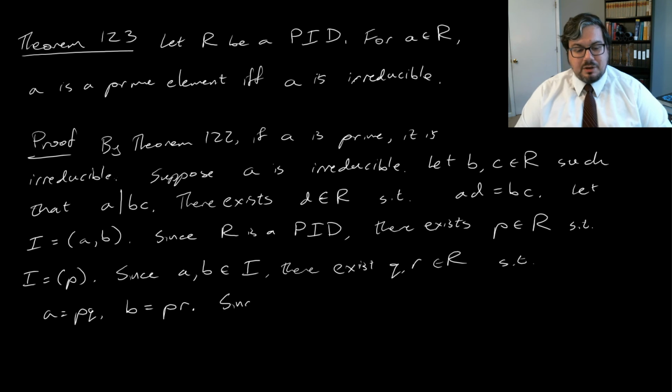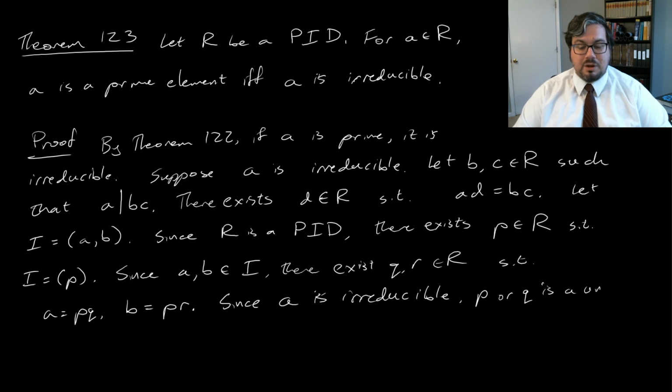And we know that since A is irreducible, that was our hypothesis, and A is written as P times Q, we have that P or Q is a unit. One of those two is a unit. Now, let's consider those two as cases.